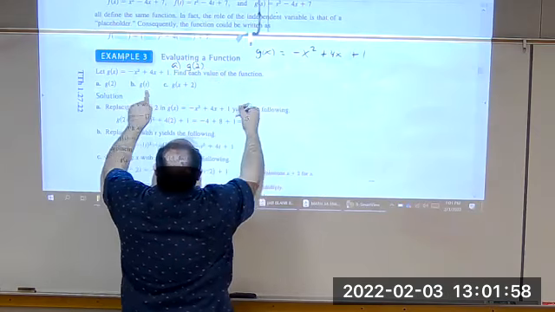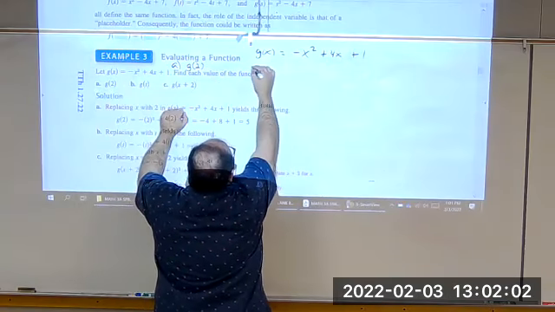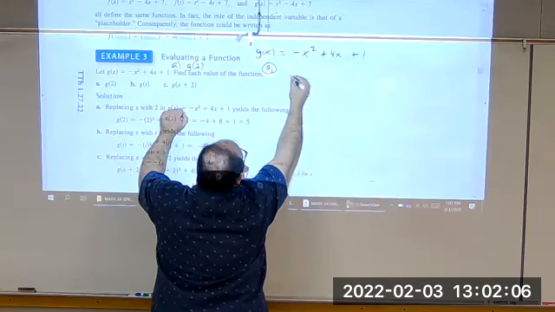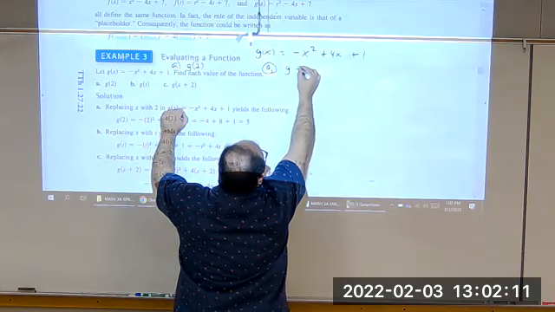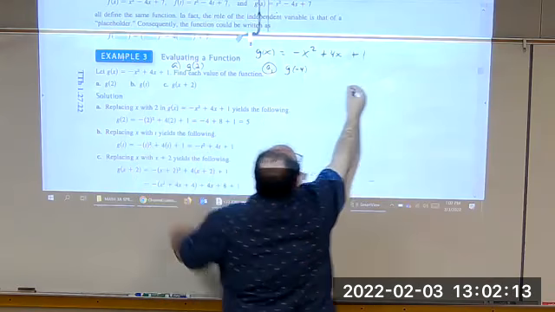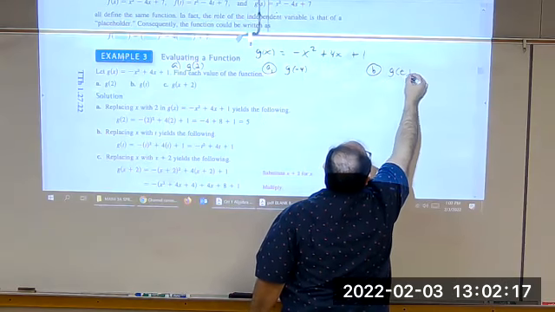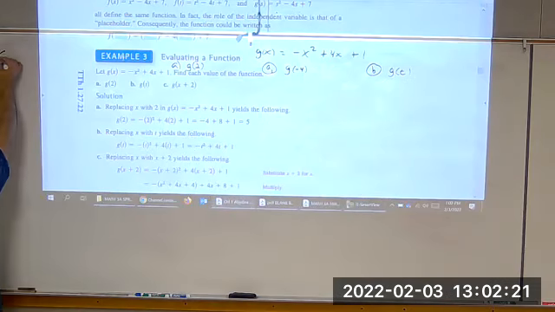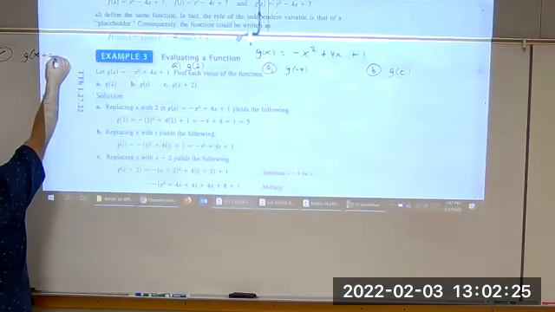And then I'm going to put in an extra one here. Find g of negative 4. And then B, what is g of t? And then last but not least, we'll do C. What is g of x plus 2?